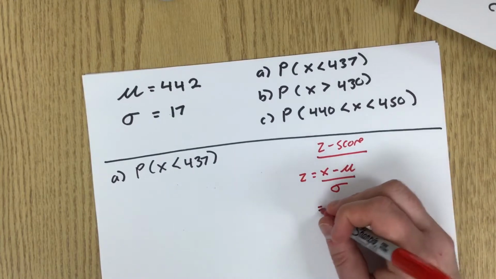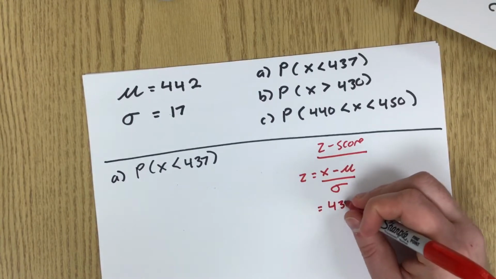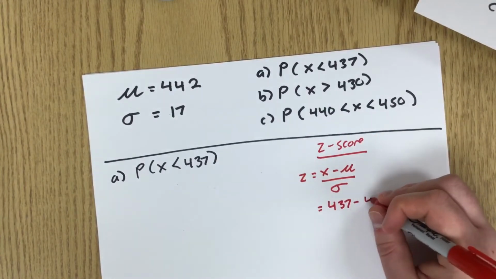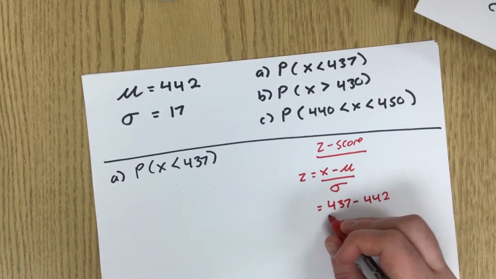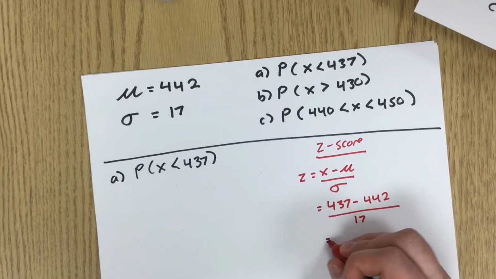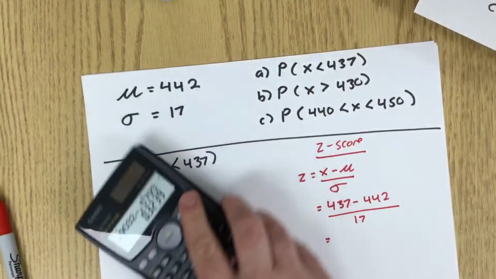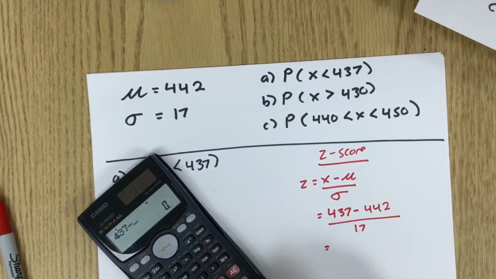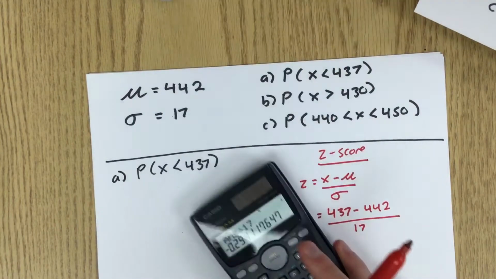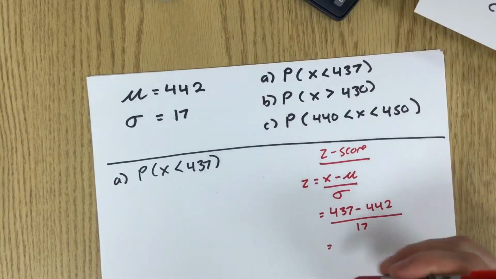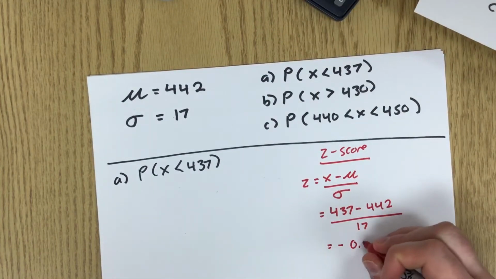Our x value is 437, our mean is 442, our sigma is 17. That's 437 minus 442 divided by 17, which is negative 0.29. There are a lot of decimals, but we're going to round it to the nearest hundredth because that's what the table goes to.